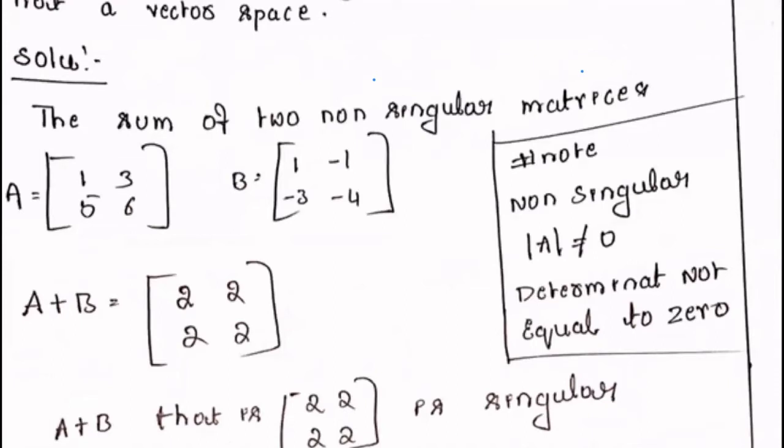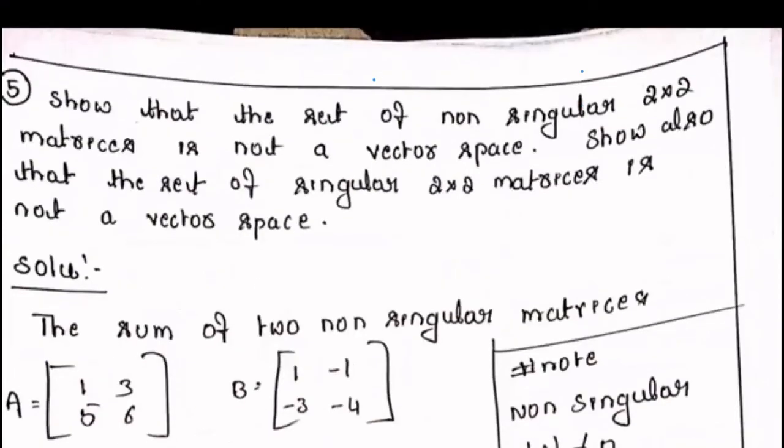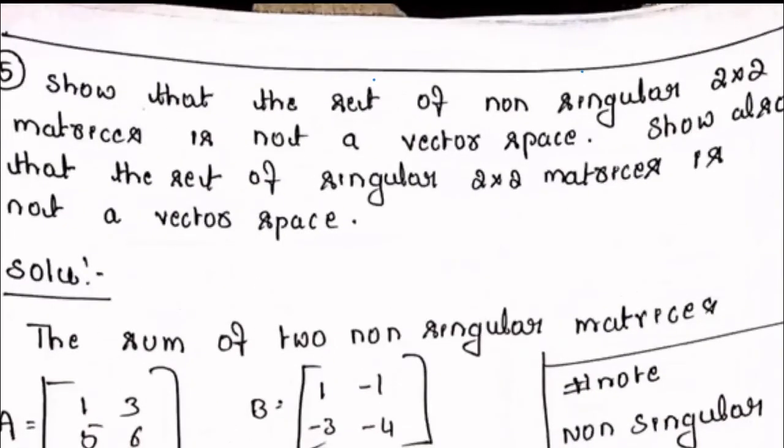If the determinant of the particular matrix is not equal to 0, then it is called a non-singular matrix. Okay. The question is, show that the set of non-singular 2 cross 2 matrices. So it is a 2 cross 2 matrix and it is non-singular. The set has so many non-singular matrices. If you calculate the determinant of all the 2 cross 2 matrices in that set, it's not equal to 0.